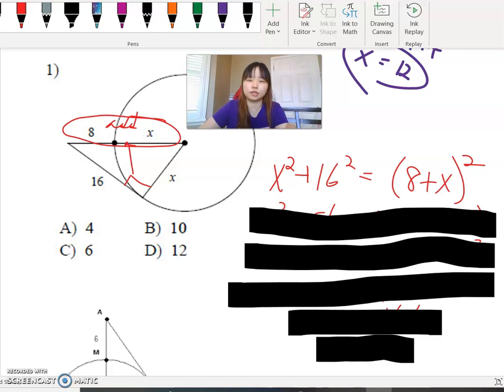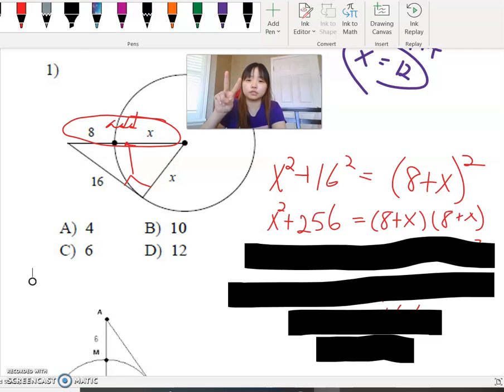Tricky thing is that 8 plus x squared. Remember how 8 plus x squared, you have to write it 2 times. Ta-da! So yeah, I have 8 plus x, 8 plus x. Then the next tricky part is a FOIL. First terms, outer terms, inner terms, last terms.